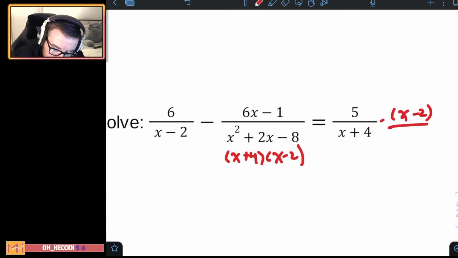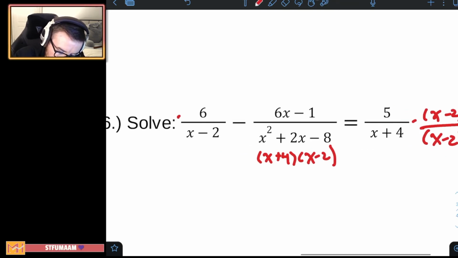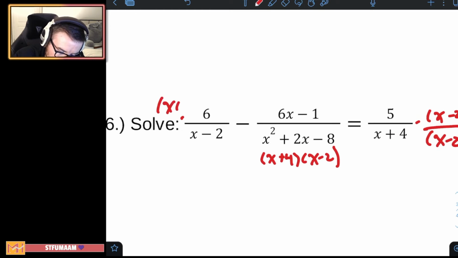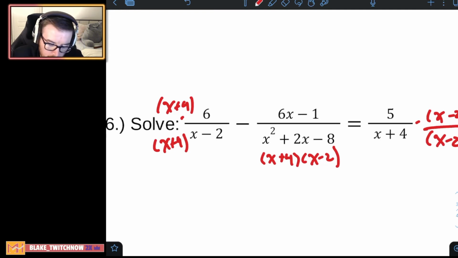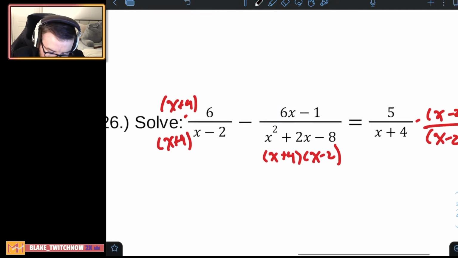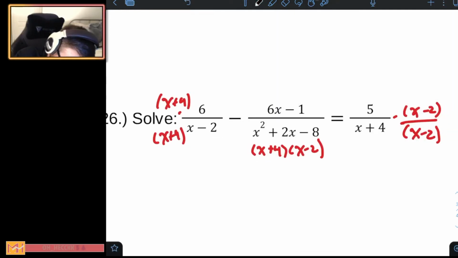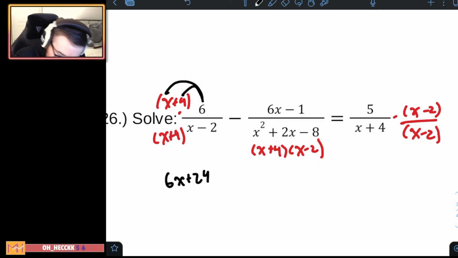It has the x plus 4 and the x minus 2. This one's missing a minus 2, and this is missing a plus 4. We can multiply those together. 6x plus 24, just distributing.